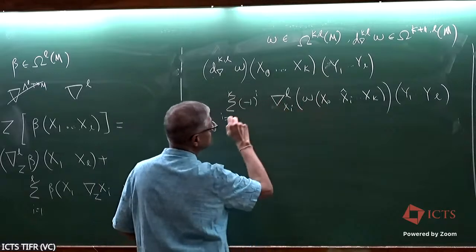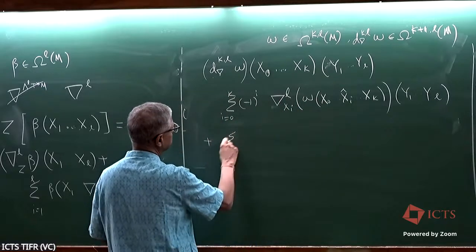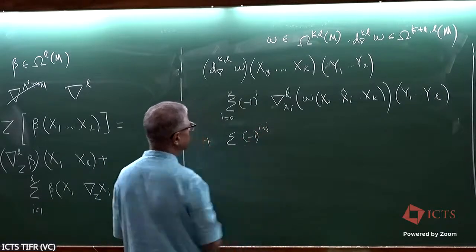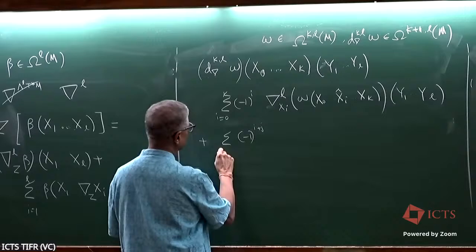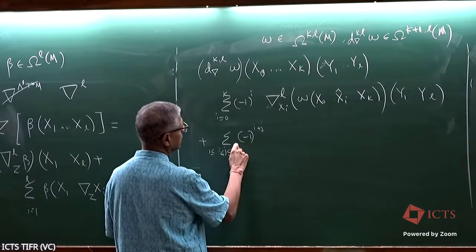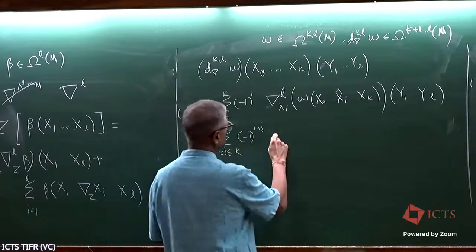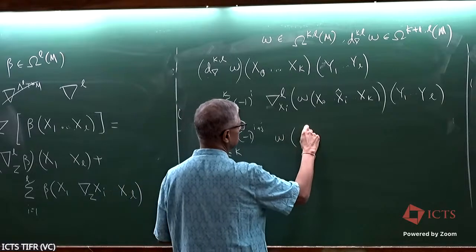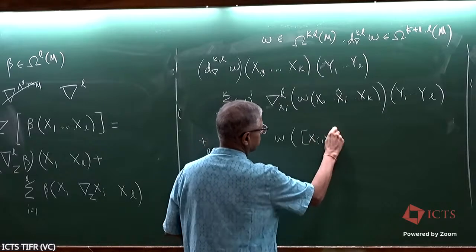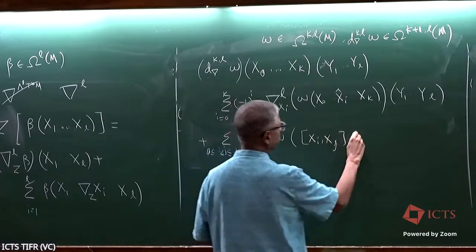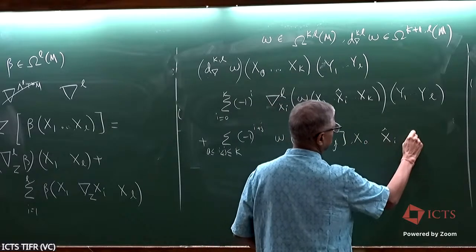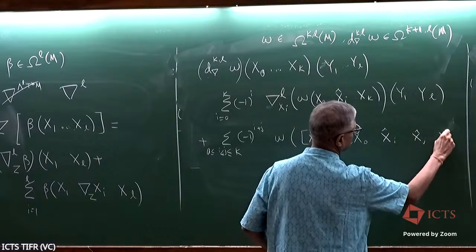This is that, then plus the summation of minus 1 to the I plus j, with I less than j, from 0 to k. So it's exactly the same definition that we saw, the Palais style definition, with xi, xj, x0, xi missing, xj missing.